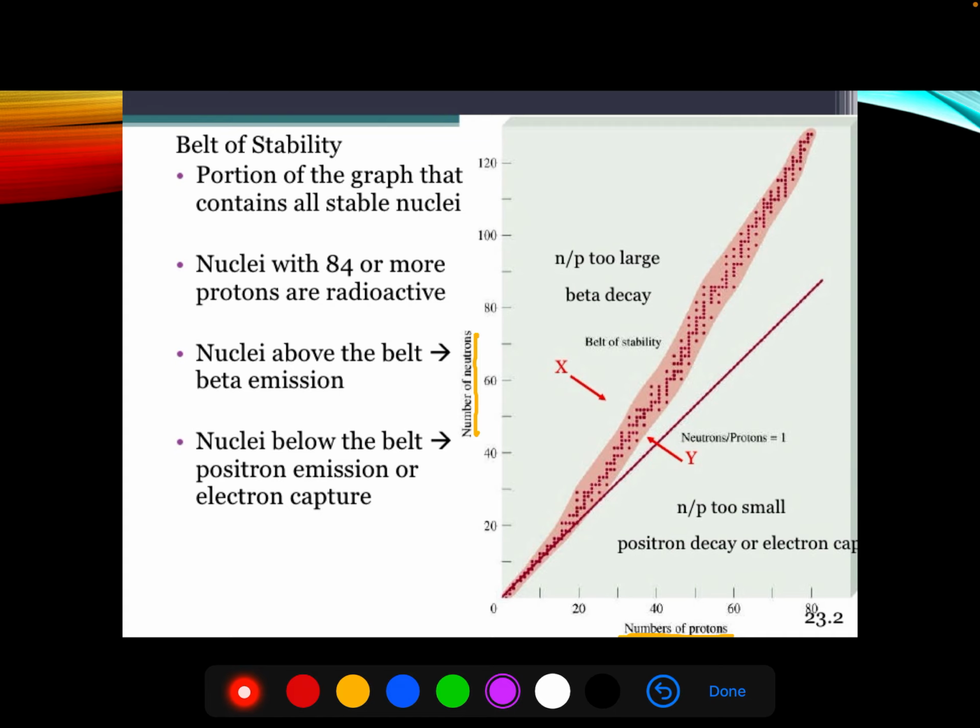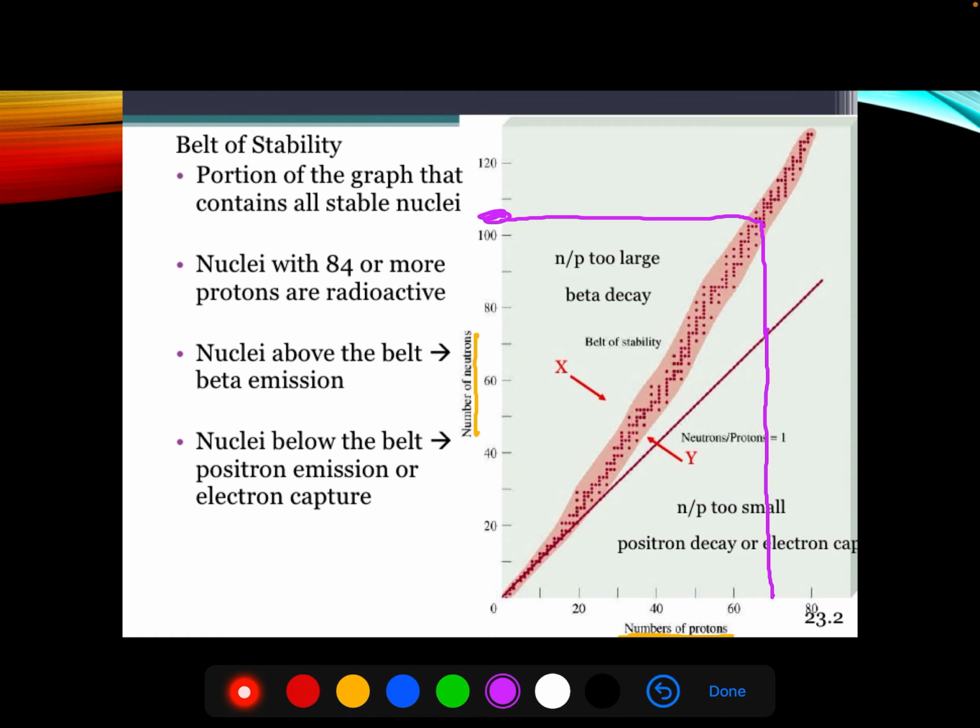Element number 70 is ytterbium. If element number 70 had 70 neutrons, it would be way below the belt. So we're going to go all the way up to the belt of stability to see that element 70 is stable right around there. Let's call it 105 or something like that.